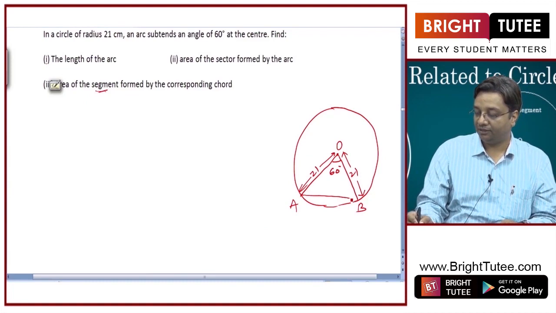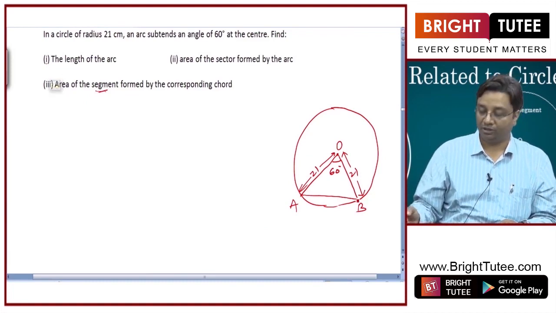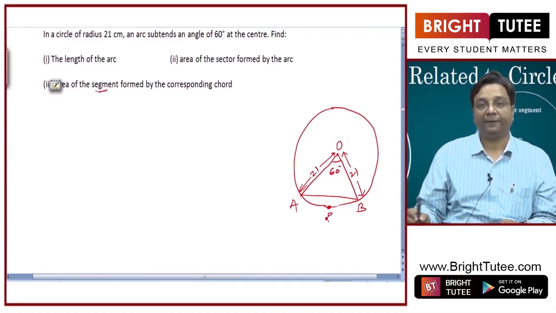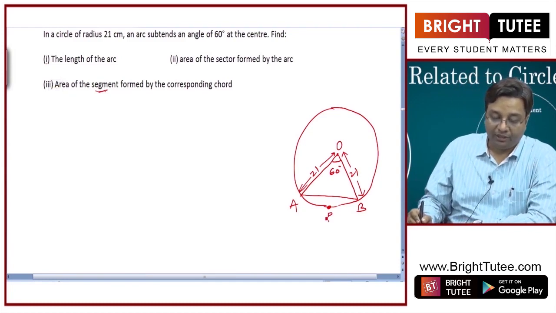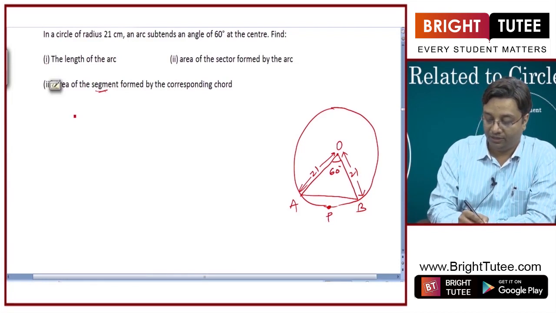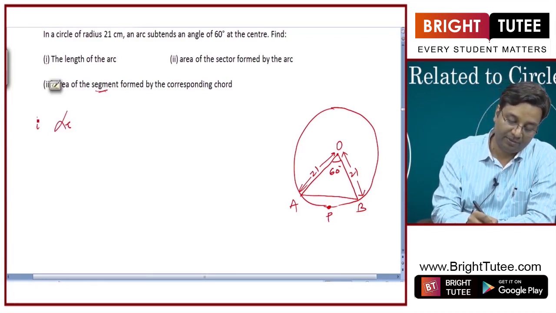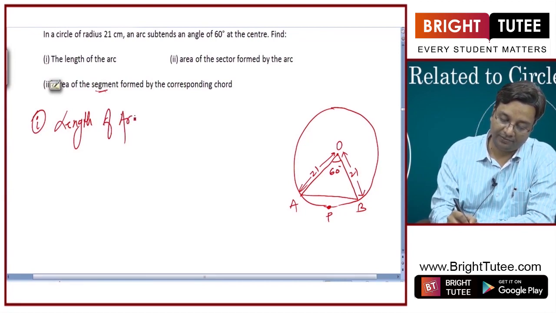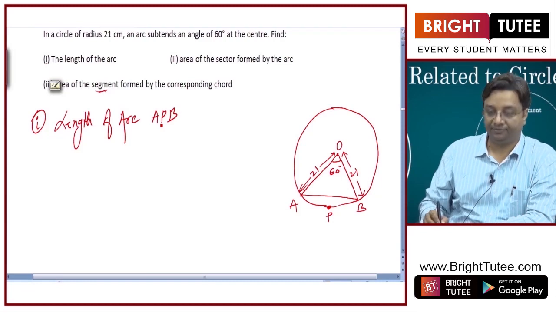So let's draw this chord and let's name this point as P. Okay. Now we need to calculate length of the arc. So first subpart, length of arc APB, right?